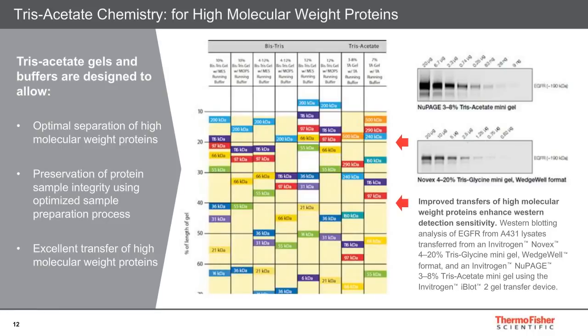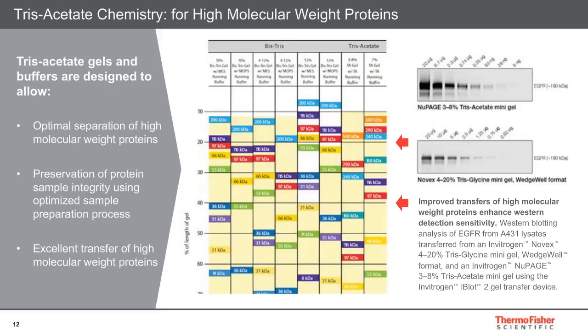Since a Tris-Acetate gel can separate the high molecular weight proteins better, it is able to move these bigger proteins more towards the center of the gel, and they are not all stacked at the very top near the stacking gel. Since those larger proteins are brought a little away from the stacking gel, the transfer efficiency with Tris-Acetate is also better.